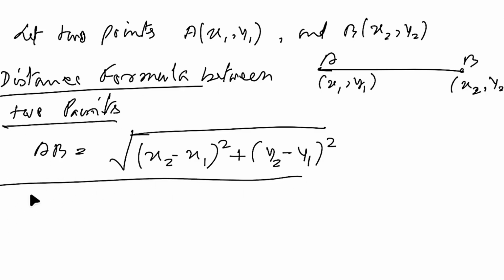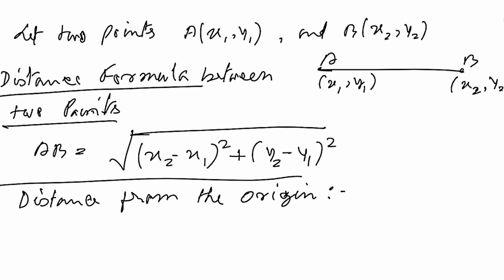And another formula is distance from the origin. We know that the coordinates of the origin is (0, 0). So for the distance from the origin, think of OP, where P is a point (x, y) and O is (0, 0).